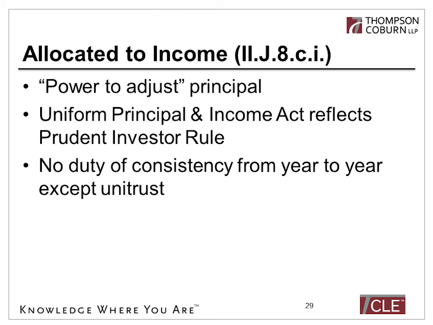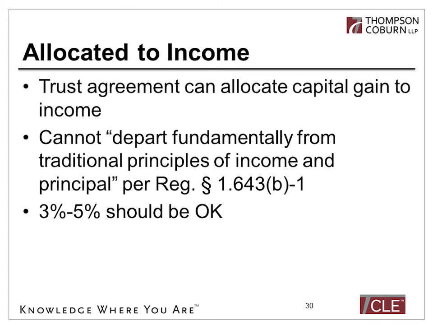For the power to adjust, the nice thing about that is it allows flexibility. There's no duty to do the same thing year in and year out, whereas with a unitrust, you're locked into a fixed percentage every year. The trust agreement itself can actually allocate capital gains to income and therefore override the rules of the Principal and Income Act.